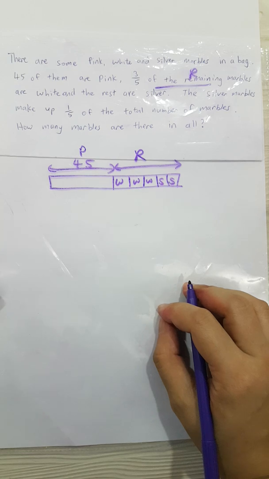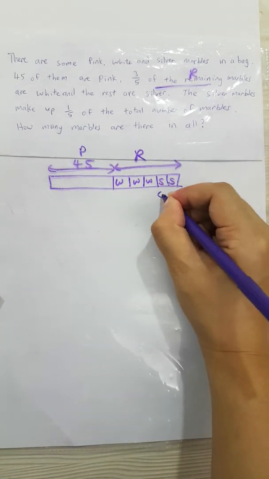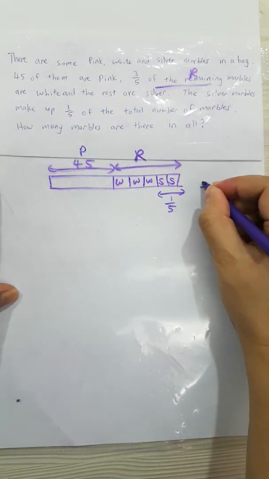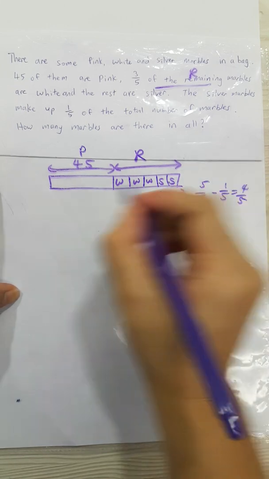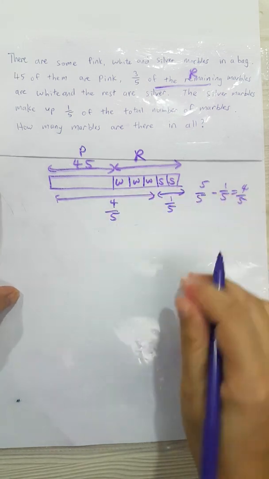So if you noticed, they said the silver marbles make up 1/5. So if here to here make 1/5 of the total, so 5 out of 5 minus 1 out of 5, it will be 4 out of 5. Here to here should make up 4 out of 5.